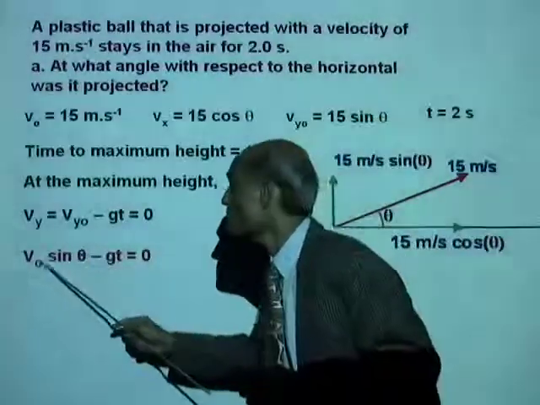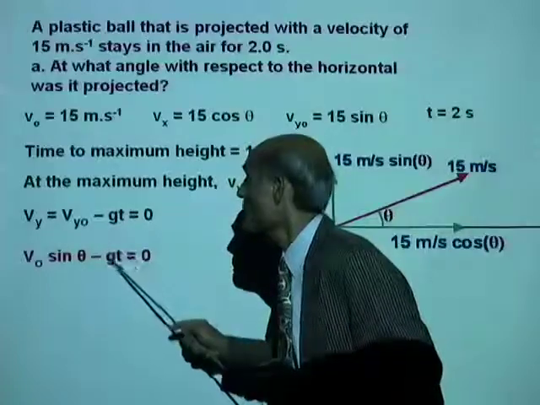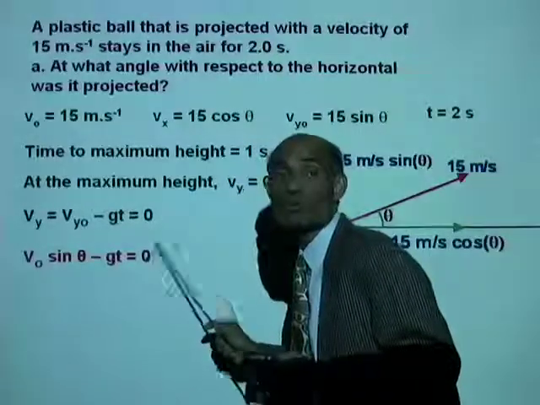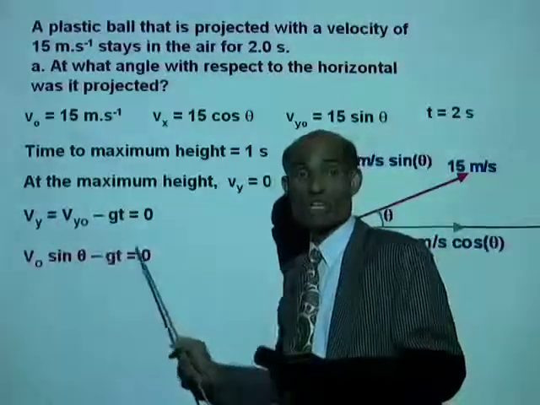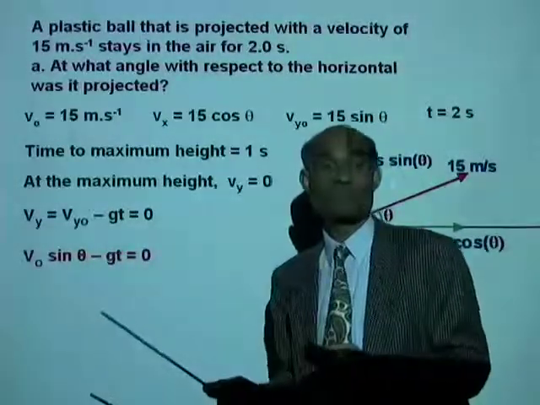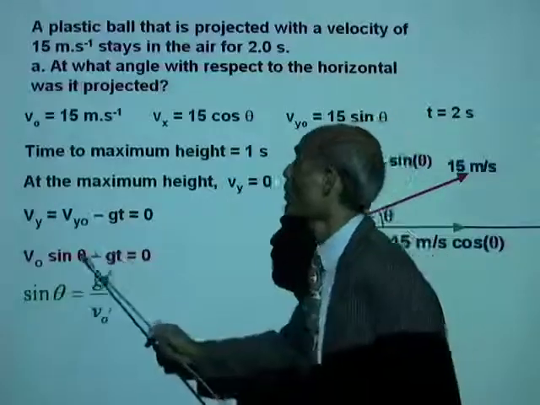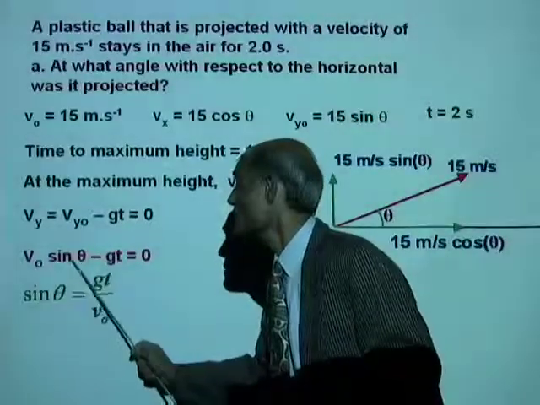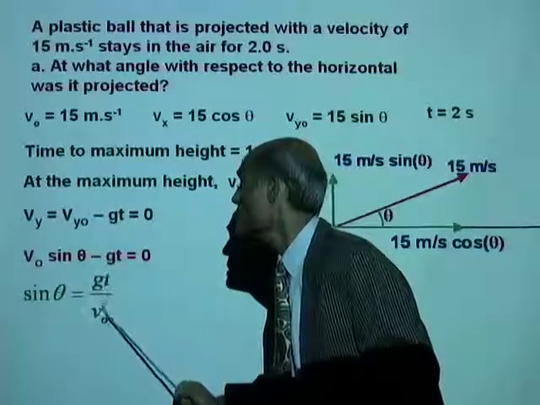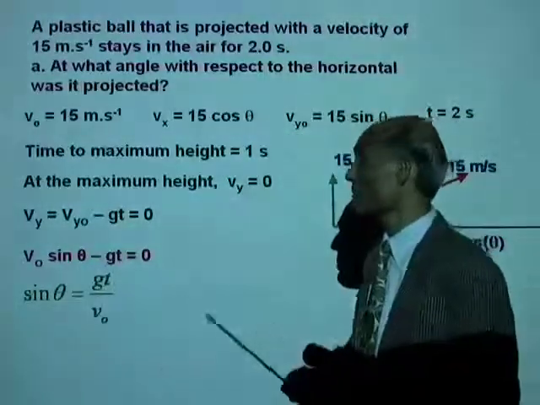So we have V0 sine theta minus gt equal to 0 at the maximum height. The vertical velocity is 0 at the maximum height. And therefore, I'm going to solve for sine theta from here. Sine theta equal to gt divided by V0.